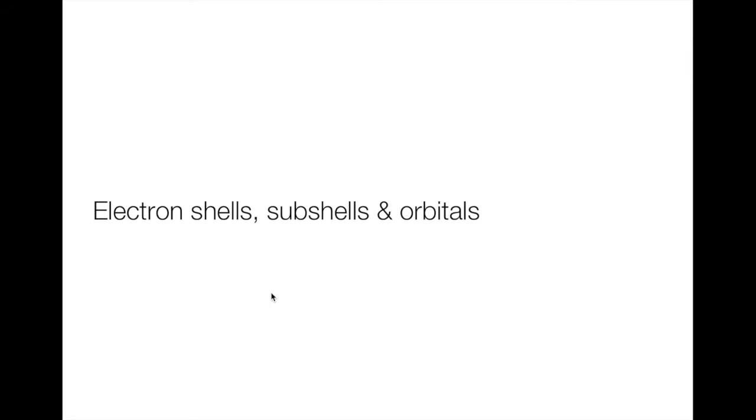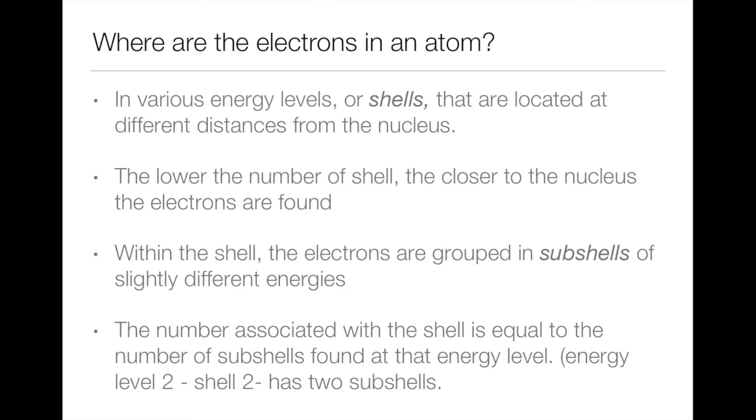Okay. Now let's look into electron cells, subcells, and orbitals. We will try now to explain where electrons can be. Where are they? They are in various energy levels that are located at different distances from the nucleus.